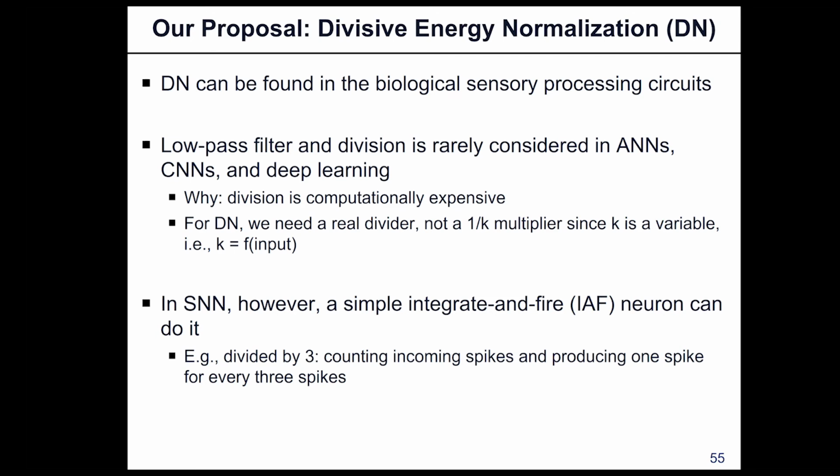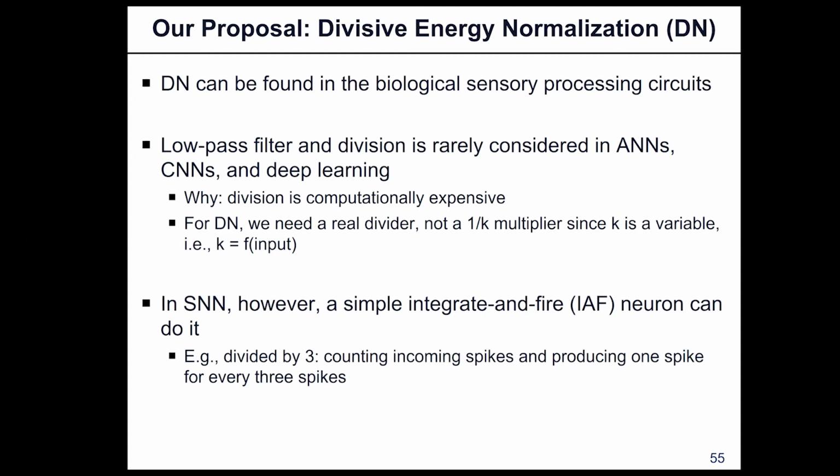So then maybe someone asks, okay, you need to do the divide, you need a divider. Why don't you just use a 1/k multiplier instead of a k divider? The problem is that k is the low-pass filtered version of the input and changes all the time. So we can't really have a constant multiplication instead of the real divisor. So we end up really having a divider.